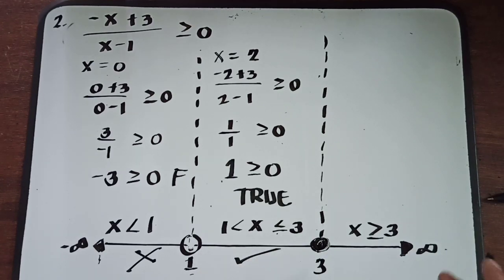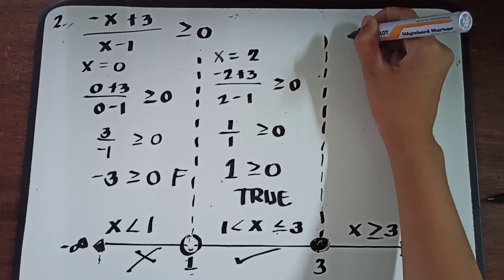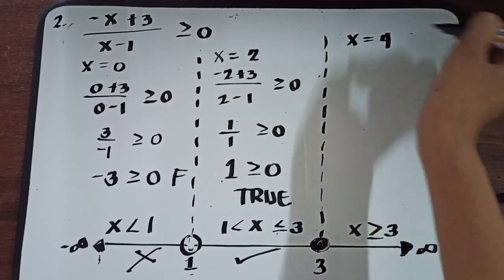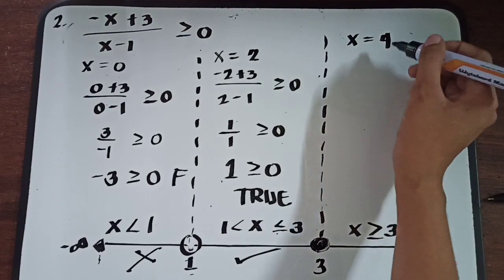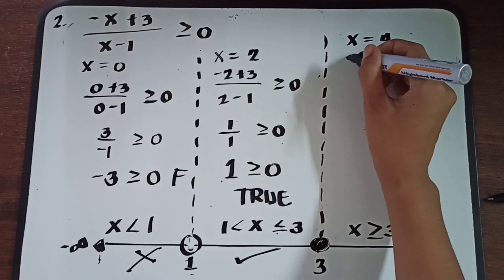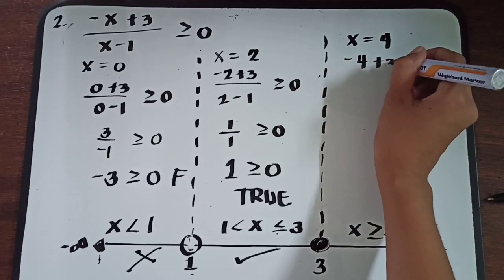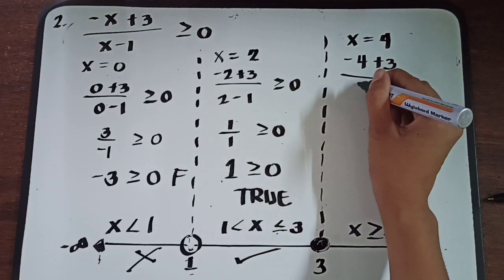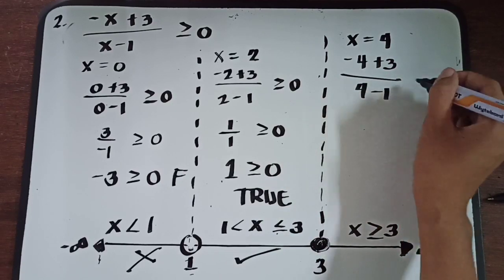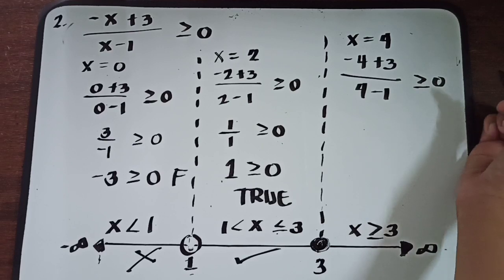So, let us check if this third interval is included in our solution set. So, think of number which is greater than or equal to 3. So, wag na tayong lalayo. X is equal to 4 na agad. So, if x is 4, substitute the value of x in our given inequality. So, that is negative 4 plus 3 over 4 minus 1, which is greater than or equal to 0.